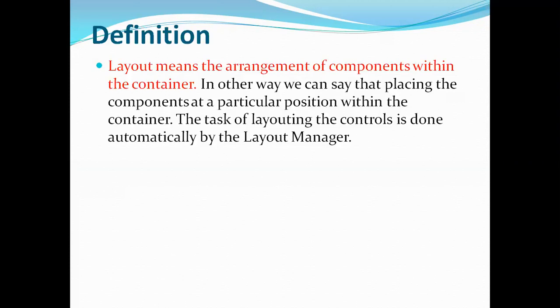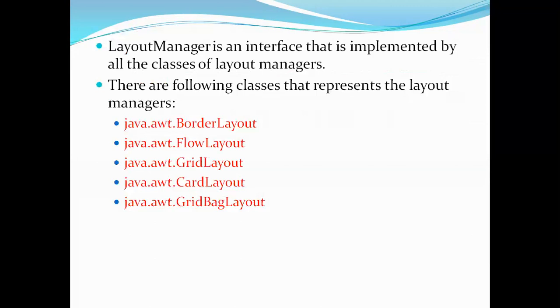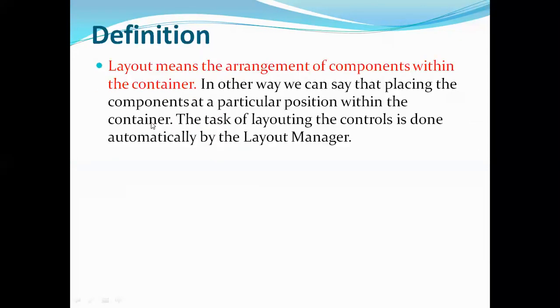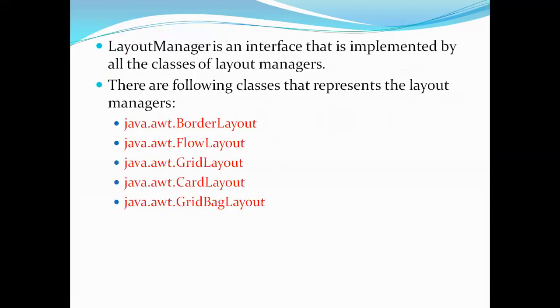Now let's see in detail. To arrange the components, we will use layout. But the task of laying out the controls is done automatically by the layout manager. The layout manager will take the responsibility of that, and it is an interface that is implemented by all the layout manager classes.